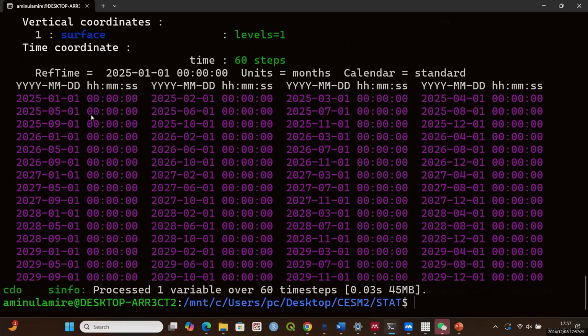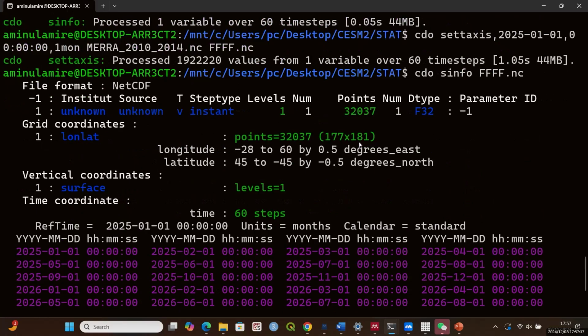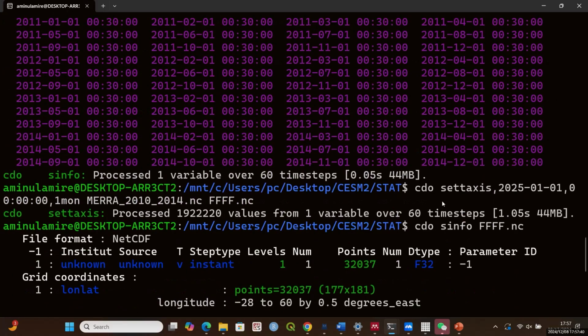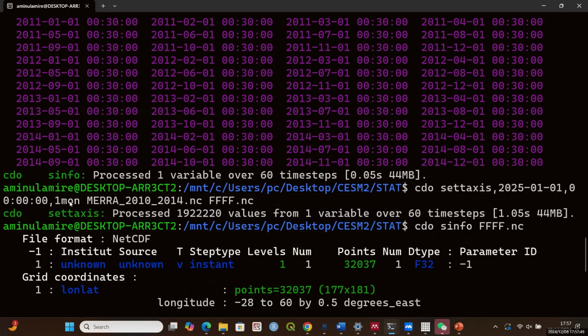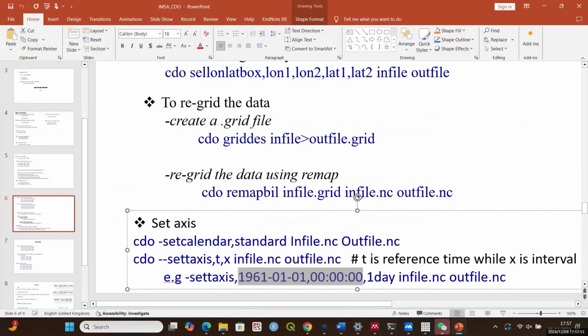So that's the command. Where is the command? This one, set t-axis. It goes all the way up to here, 1 month. Or you can just use this ppt.